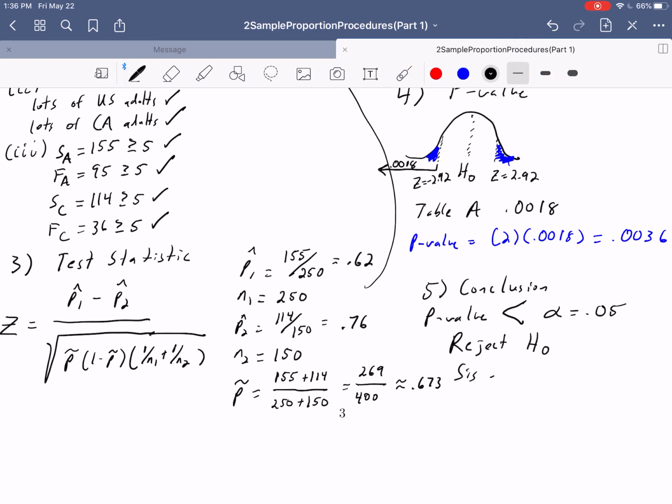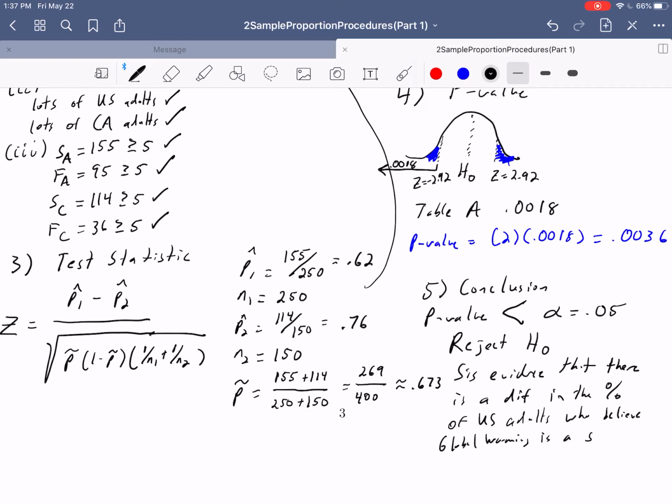So we'd say significant evidence that there is a difference in the percentage of U.S. adults who believe global warming is a serious issue compared to Canadian adults.